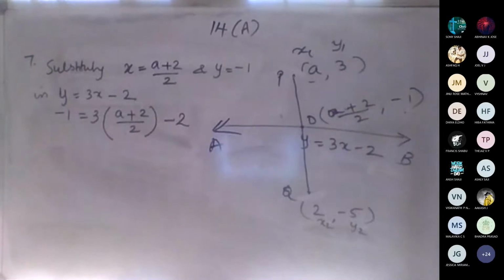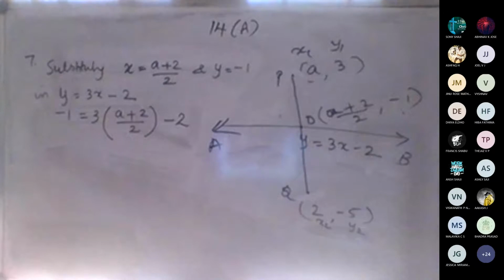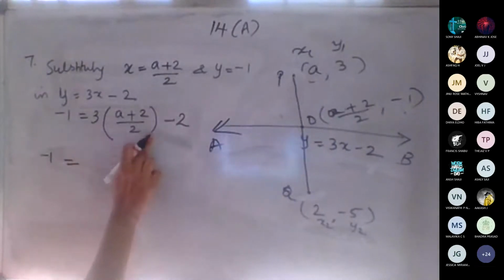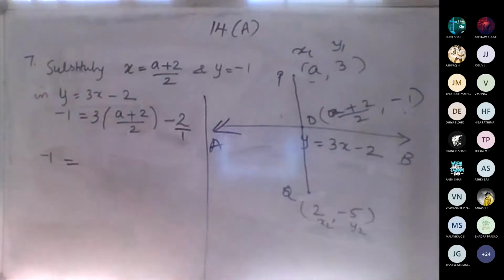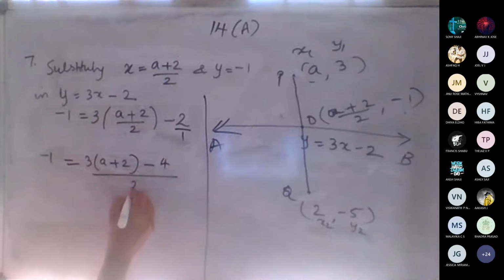Negative 1 is equal to, LCM 2. LCM 2 can be written as 2 by 1. So 3 into (a plus 2) minus 2 into 2, which is 4, by 2. Any doubt in this step?